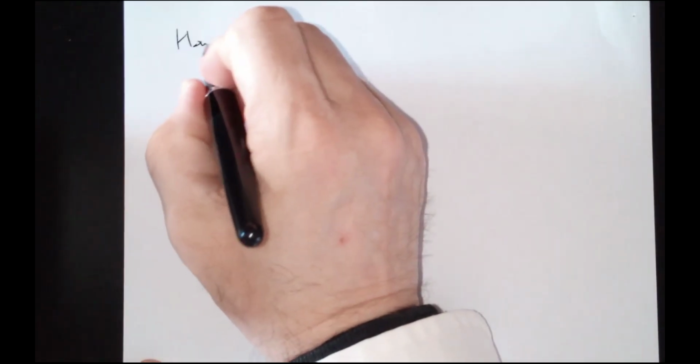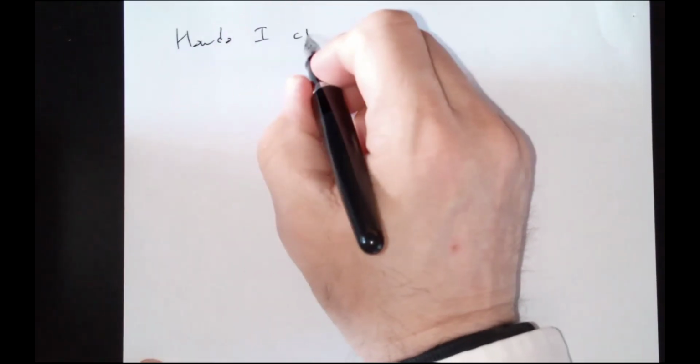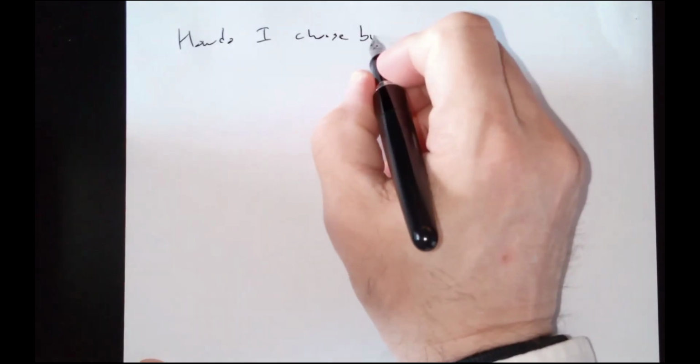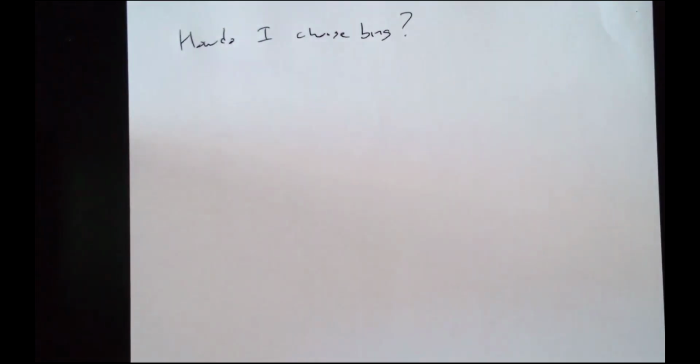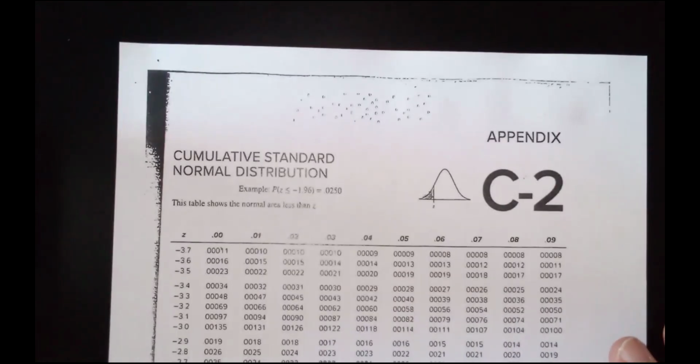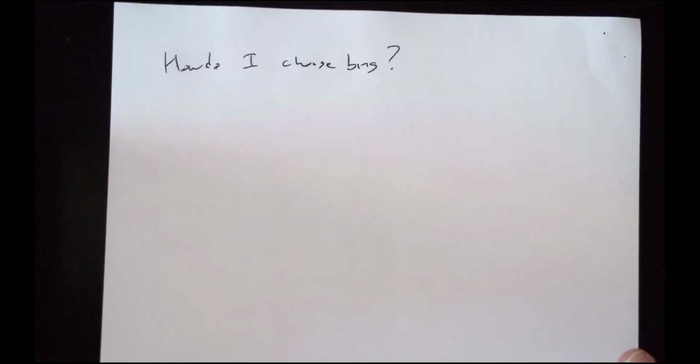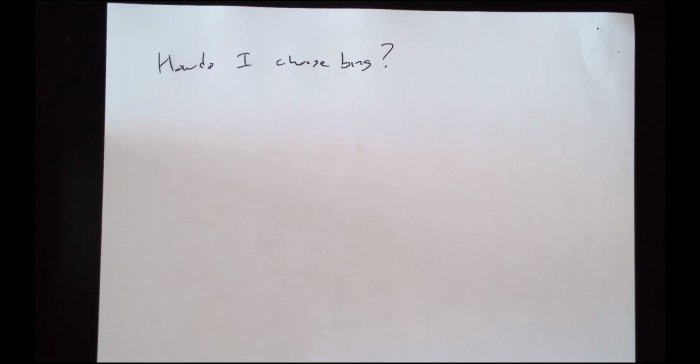So I was asked, how do I choose bins? Well, there are really a couple of different ways to choose the bins. But it usually depends on how big your data set is.